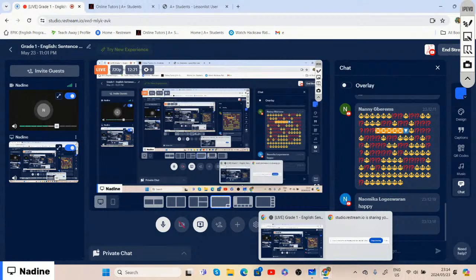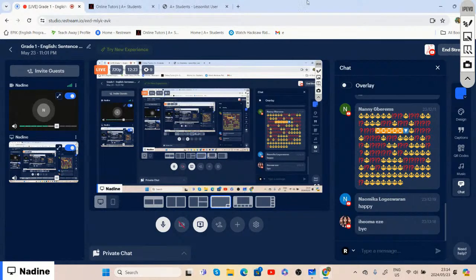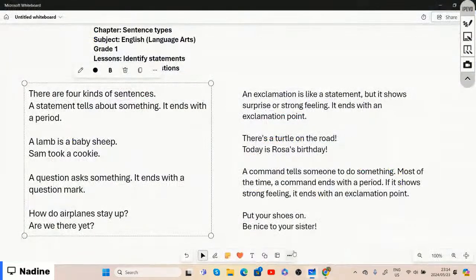Then if we look at another example of an exclamation sentence, we already said the one which is there's a turtle on the road. The second one would be today is Rose's birthday.